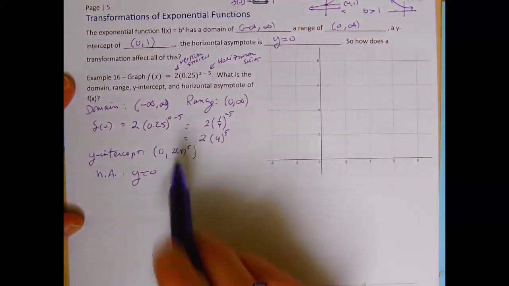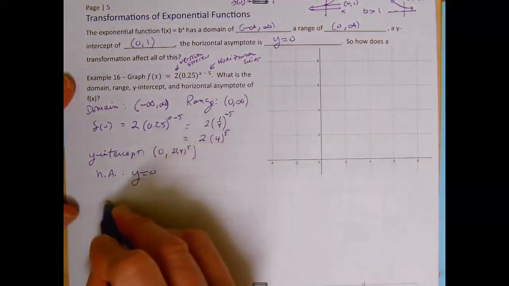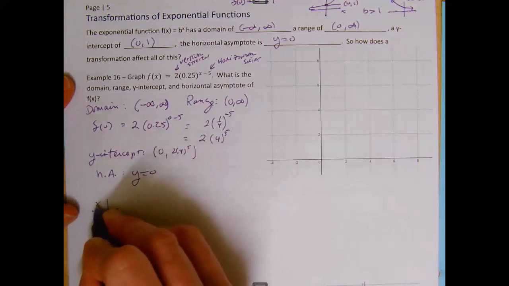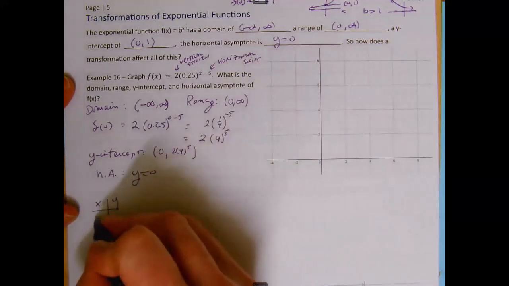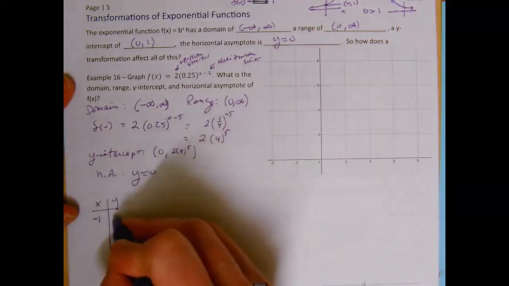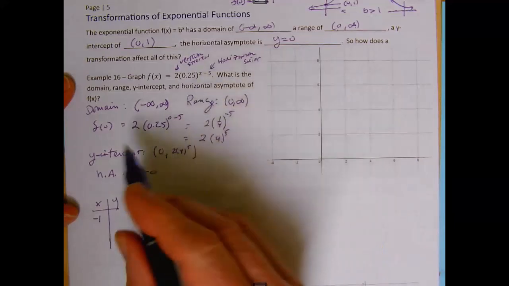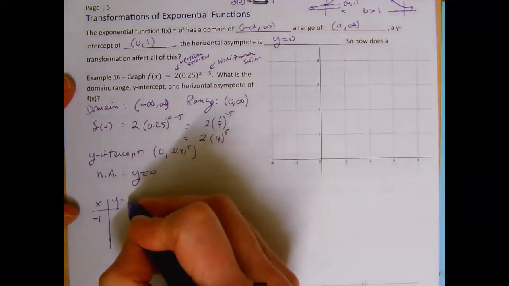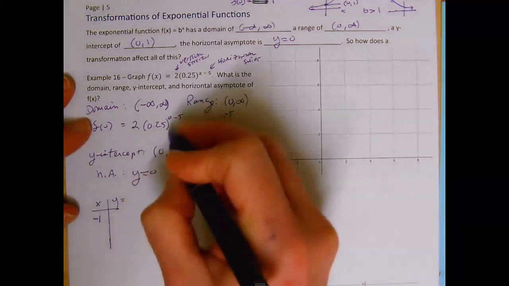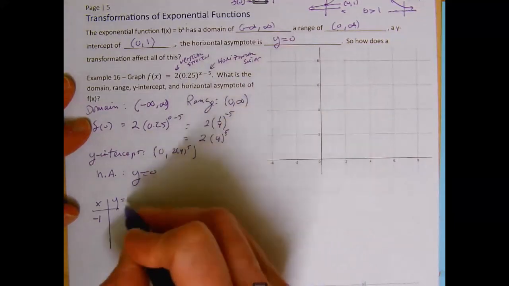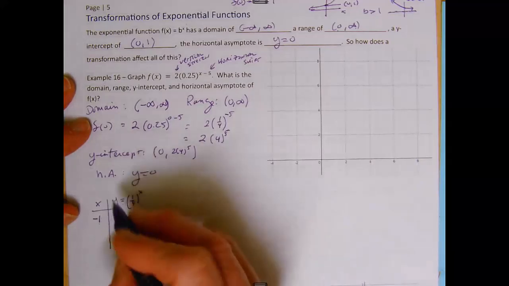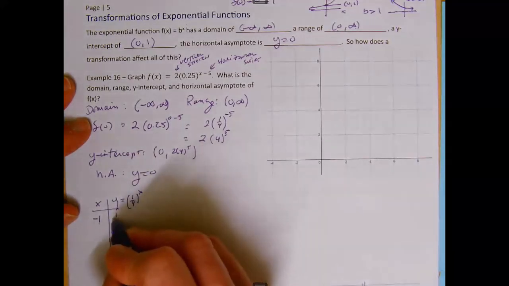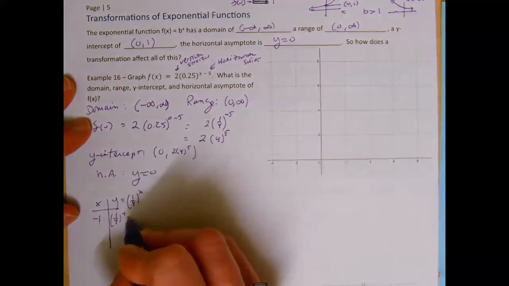The one point we do have, we can't even grab. So let me then horizontally transform this using the rules. So right now we have at -1, I'm going to get a few points first. And what am I getting a few points for? I'm going to get it for the basic function. So the basic function is going to be, again, 0.25 is a quarter, so 1/4 to the x. So if I enter -1 into this basic function, parent function, I get 4.